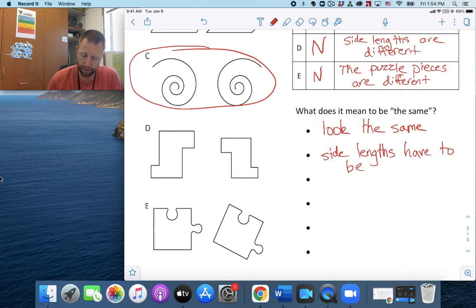Side lengths have to be congruent, or have to be the same. And that gets me thinking to rigid transformations. We talked about how not only are the side lengths the same, but the angles are the same also, right? So I'm going to put that angles have to be the same.